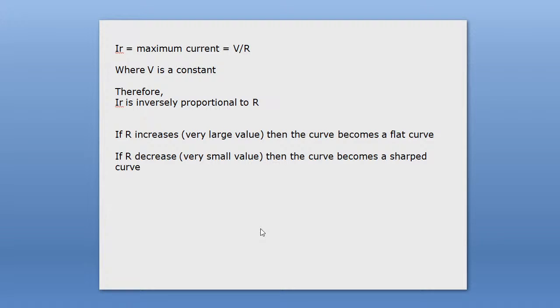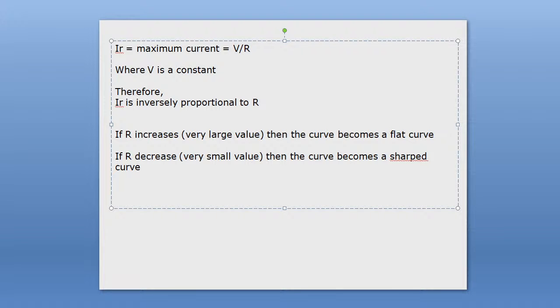When R is small, I_R will be higher than the medium value, and I_R will be smaller than the medium value for R very high. And for R equal to 0, your current goes to infinite.